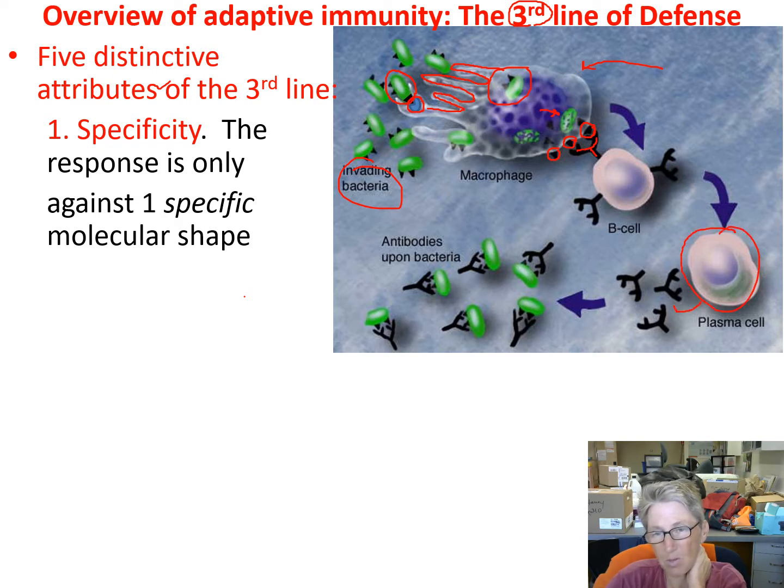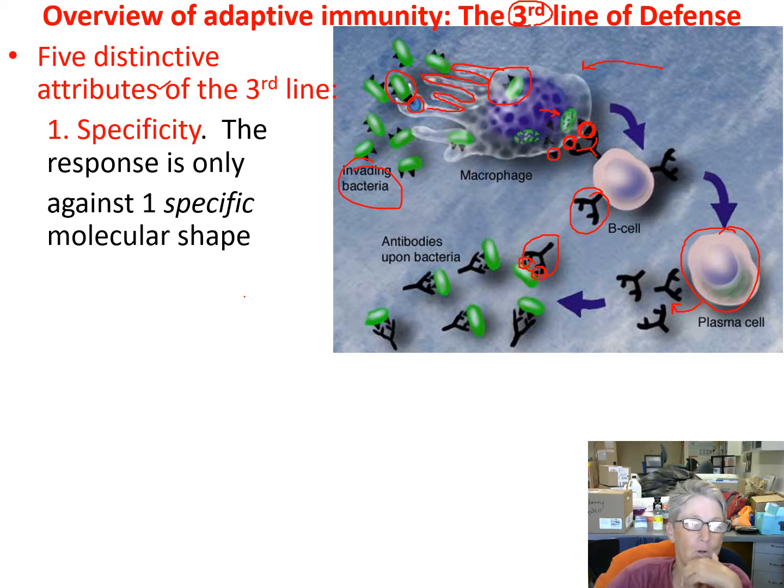Plasma cell secretes antibodies, and now those antibodies will go out into the blood, and the antibodies will recognize those specific pieces on the bacteria that were presented to the B cell receptor. So really the B cell receptor, this thing, is almost identical to the antibody that the B cell makes.